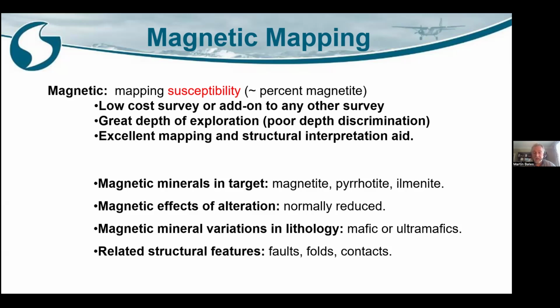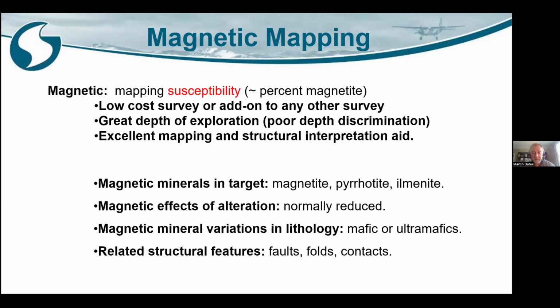We're looking for magnetic minerals in a target directly: as I mentioned, magnetite, pyrrhotite, ilmenite, and hematite to a lesser extent also plays into this. They all have a magnetic response that we can measure. Often alteration causes a reduction in the magnetic field locally, and that can be related to mineral deposits, where alteration can result in mineral bodies.